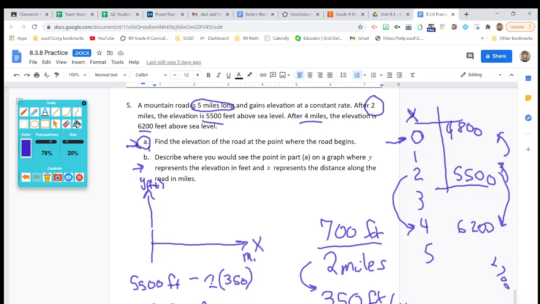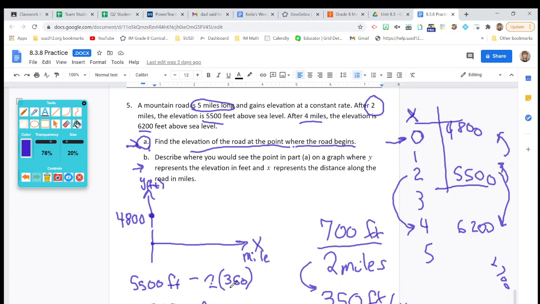So X is miles. Okay, where would you see the elevation of the road at the point where the road begins? Well, that is where x equals 0. That is the point where the road begins, x equals 0. And at the point x equals 0, the road already has 4,800 feet of elevation. That's going to be our y-intercept.